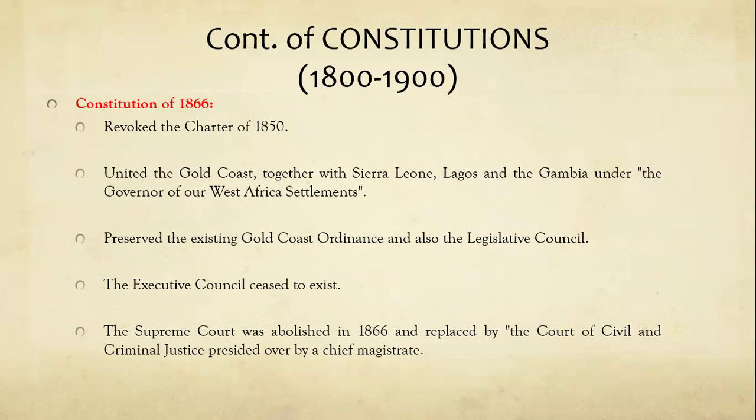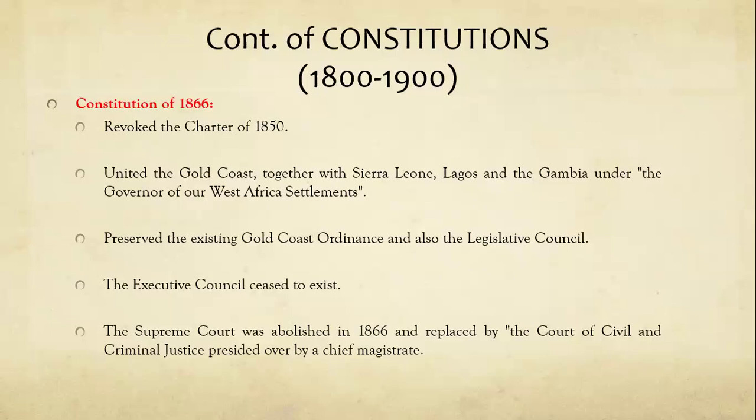Now, we also had another constitutional development in 1866, and that revoked the Charter of 1850. And it again united the Gold Coast together with the Sierra Leone, Lagos, and the Gambia under the governor of West African settlements.